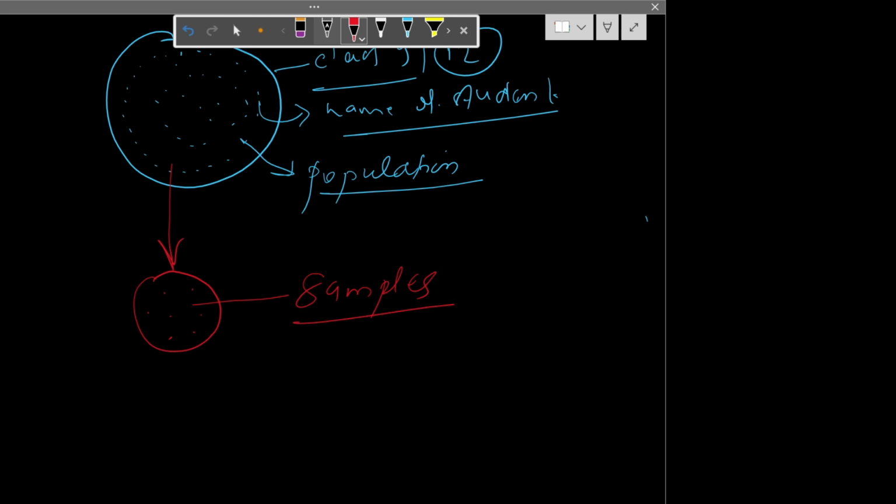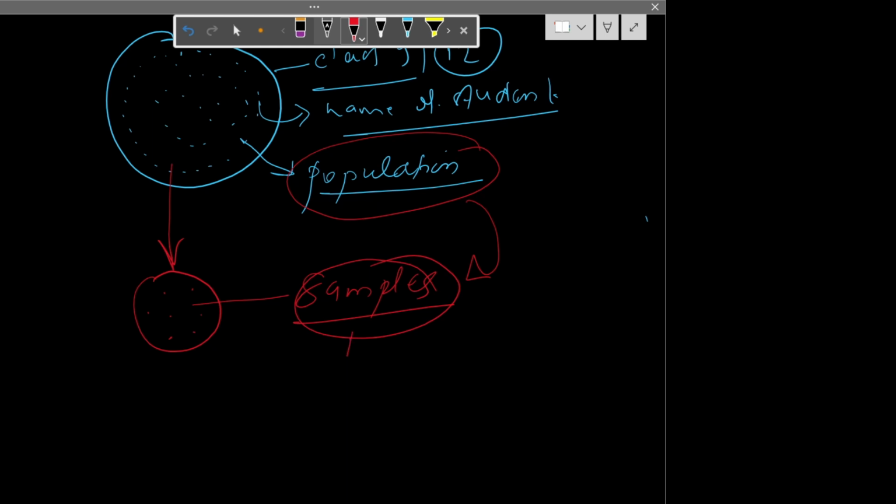Now a major portion of statistics deals with making decisions, inferences, predictions, and forecasts about the population, based on the results that we obtain from the sample.